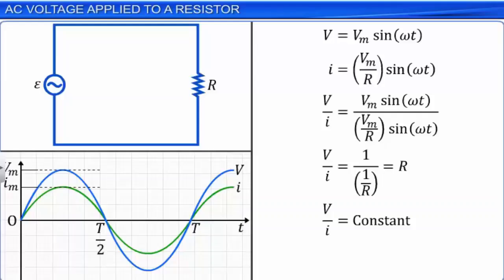Hence, Ohm's law is valid in the case of resistances connected in a circuit with an AC voltage source.